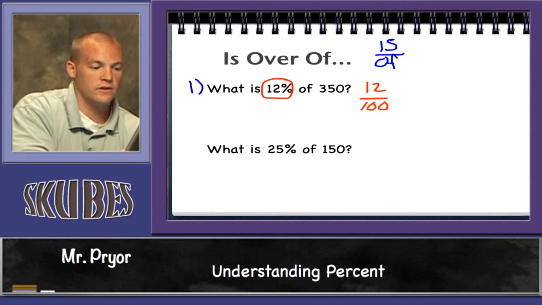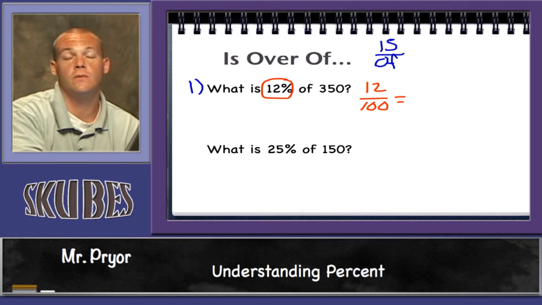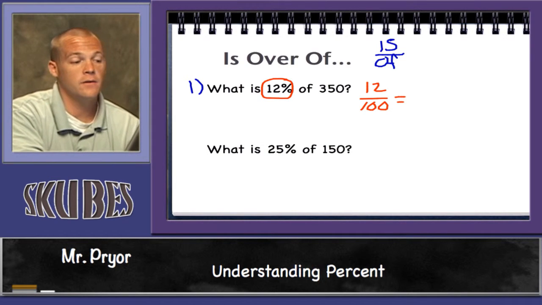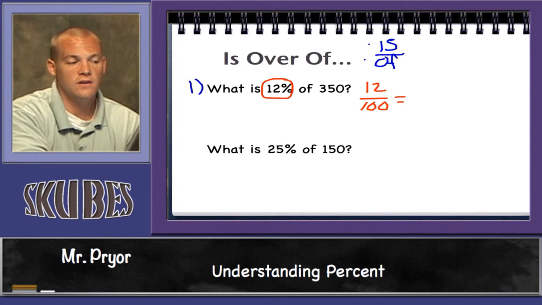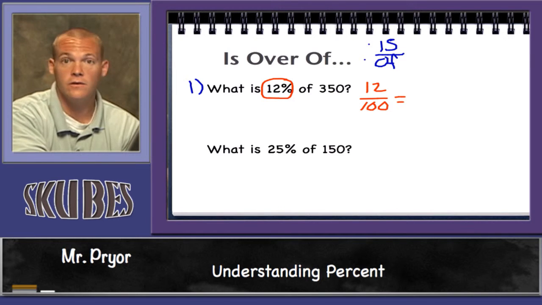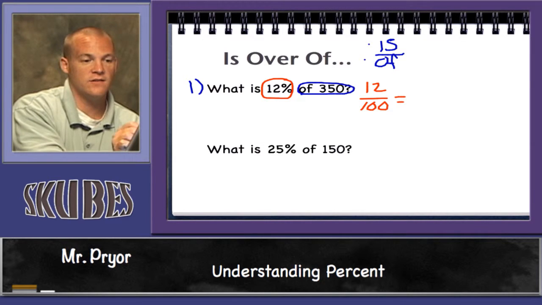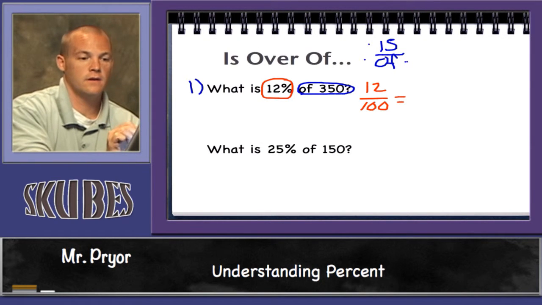So now what we're going to do to set up the other half of our proportion, because again, a proportion is two fractions set equal to each other. To set up the other part, we're going to use this strategy that I call is over of. And you need to look at the problem and determine what values are closest to is and closest to of. Well, we can see here that 350 is closest to of. So that means it's going to go in the denominator.